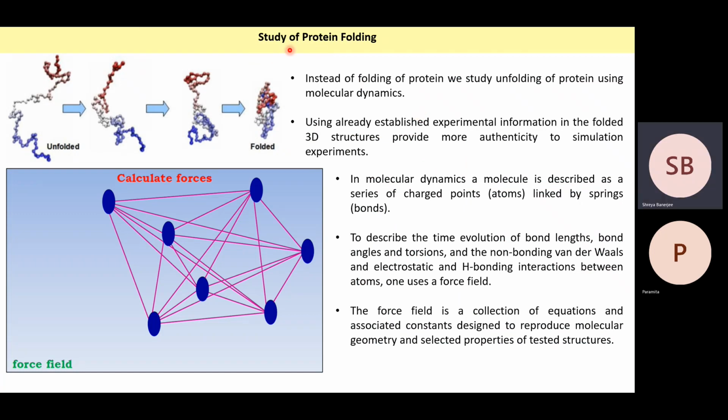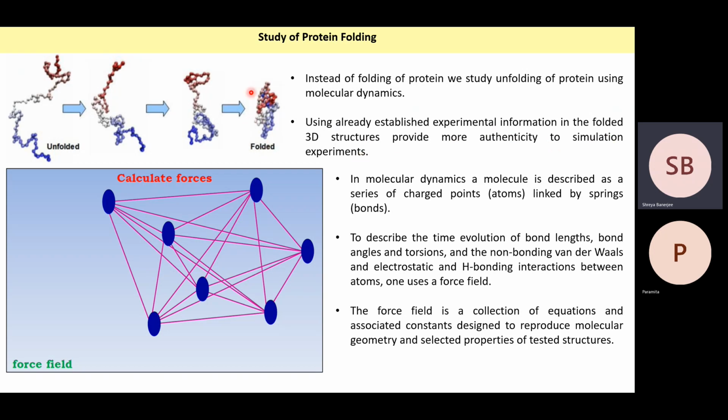Now we'll go into the study of protein folding. Instead of folding of protein, we study unfolding of protein using molecular dynamics. Why is that? Because using already established experimental information in the folded 3D structures provides more authenticity to the simulation experiments. So what does this mean?